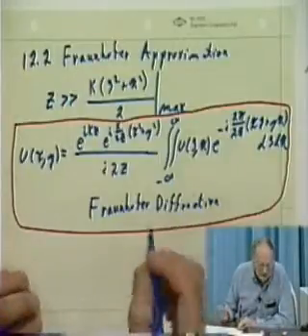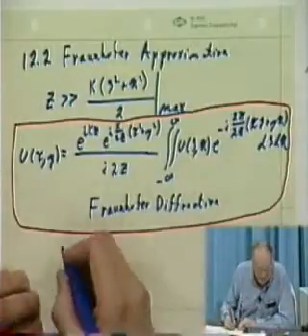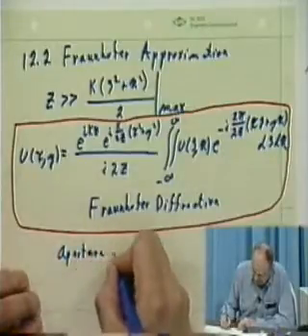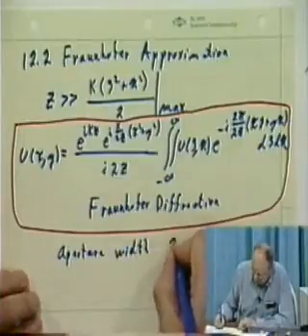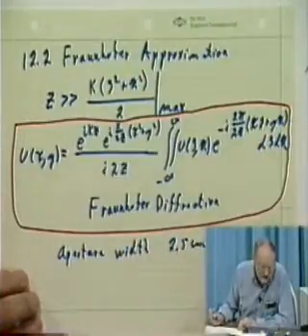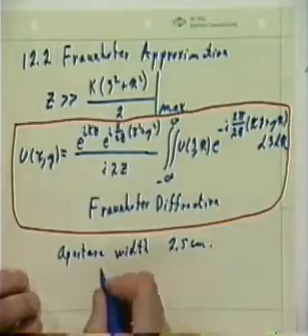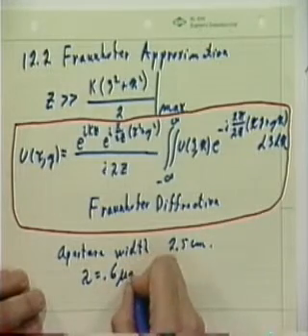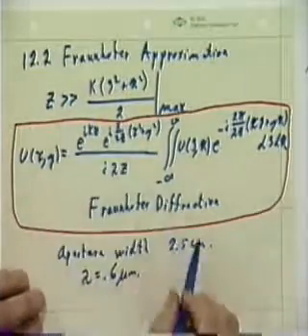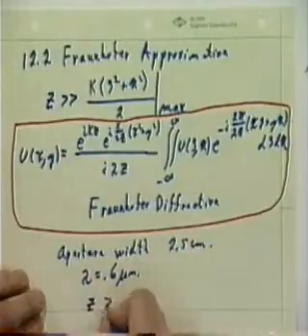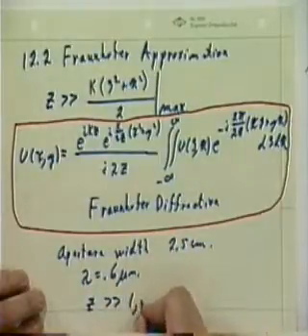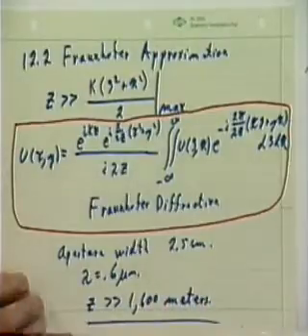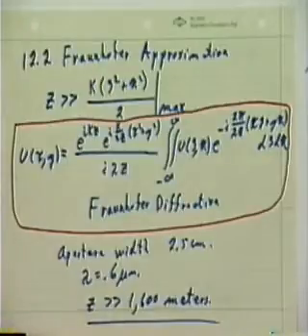And he now has an aperture width of 2.5 centimeters. And he now picked a wavelength, changed the wavelength here, of 0.6 microns. And then if you go through the numbers up here, you'll find out that z has to be much greater than 1,600 meters. So it's a little hard to do that in your basketball court, I guess.